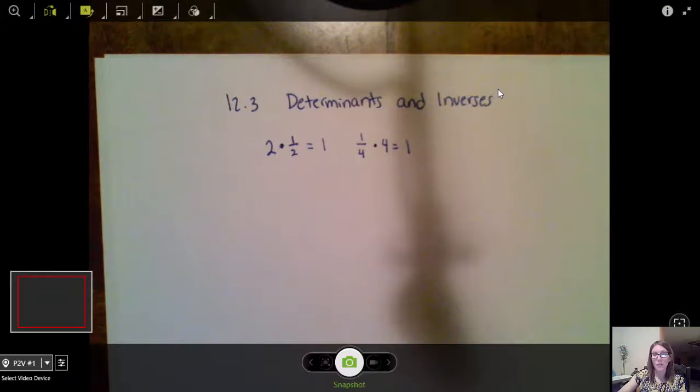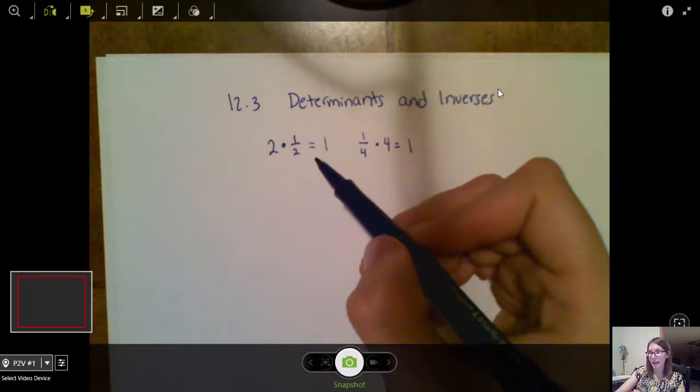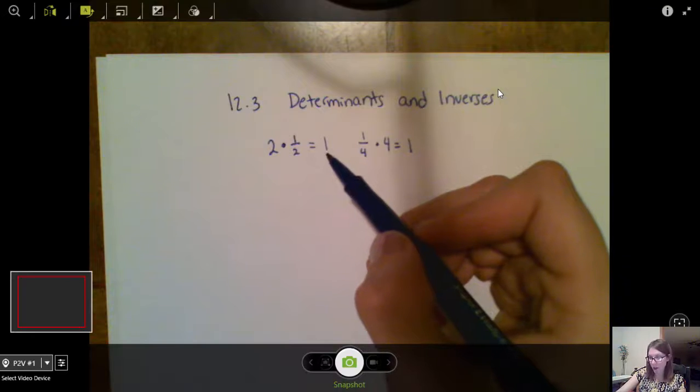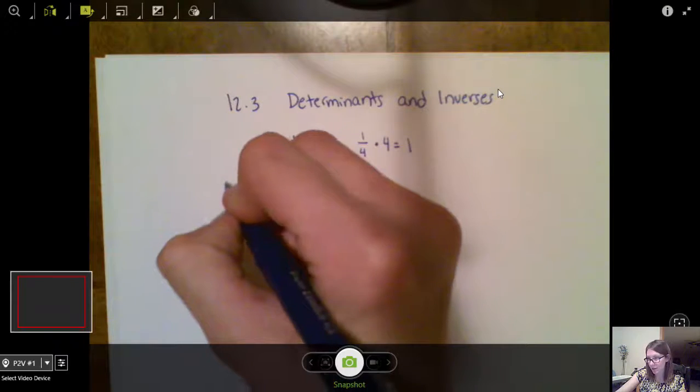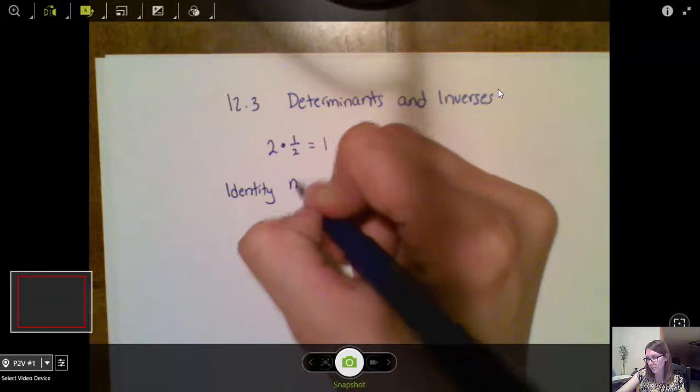Matrices also have multiplicative inverses. Our identity number is 1, but our identity matrix looks a little bit different.